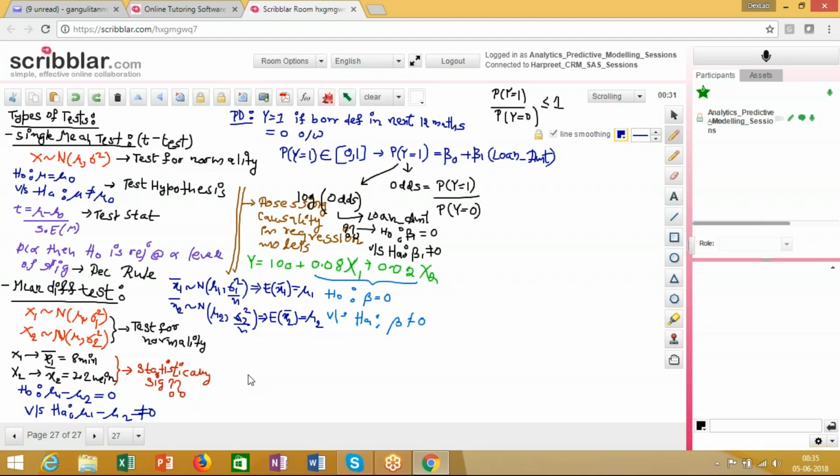Right. So this is what the two distributions are. One is x1 bar, the other is x2 bar.